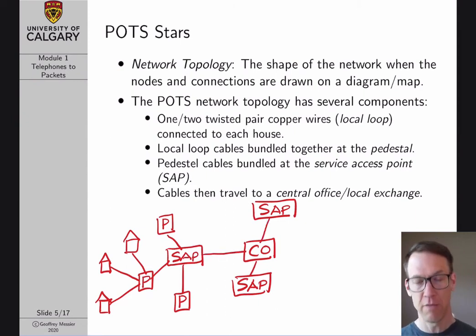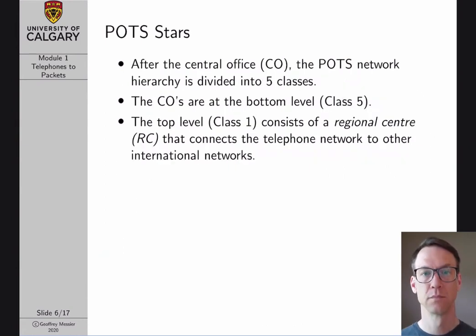So again, we have a series of service access points all connected to the same central office. Maybe it doesn't show up in the diagram I've drawn here, but we basically have a series of hierarchical stars where houses are gathered around a pedestal, pedestals are gathered around a service access point, and service access points are gathered around a central office or a local exchange.